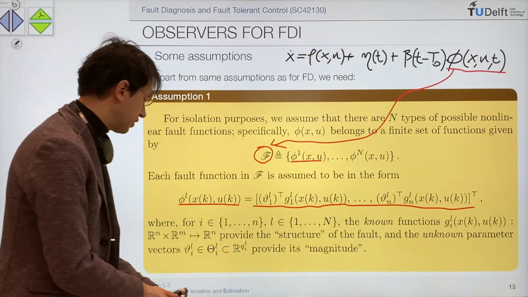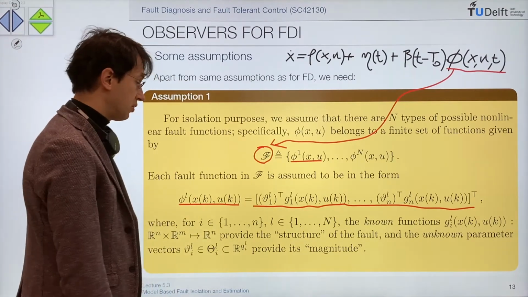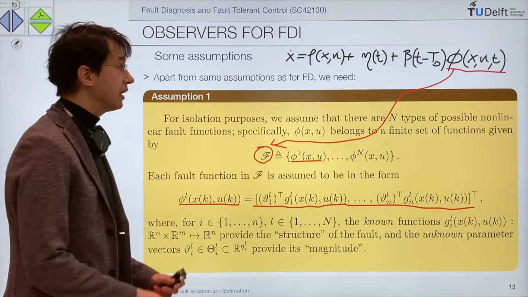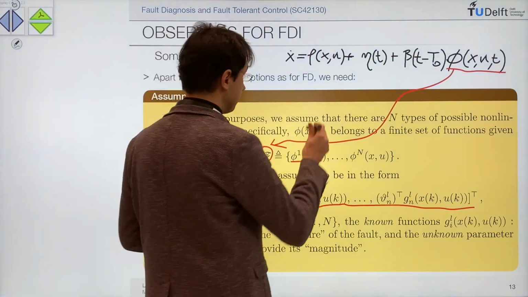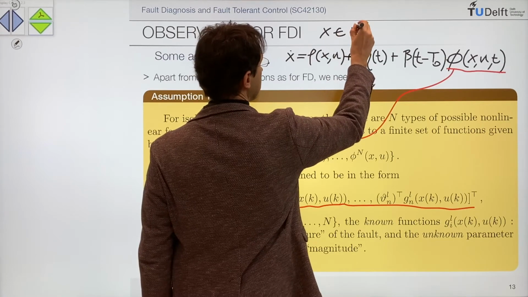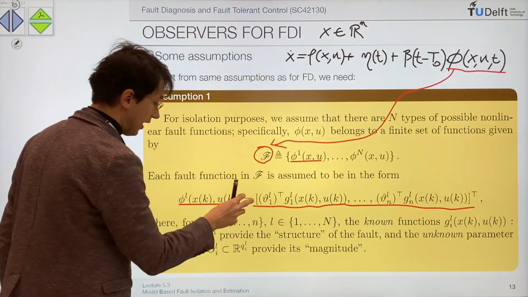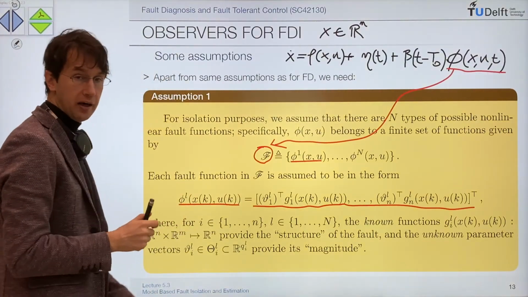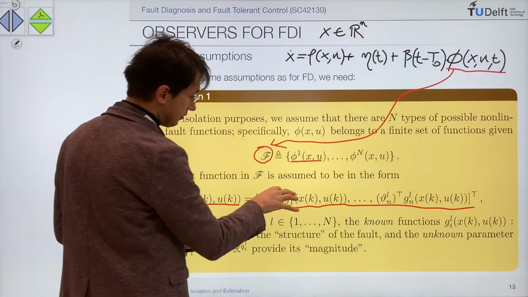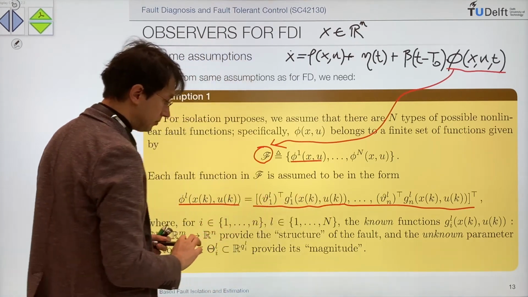So every function is a vector field. So you have n components, n as the dimension of the state. So we remember that state x belongs to Rn. So we have n components for this function to define, and each one is defined as a product like this.